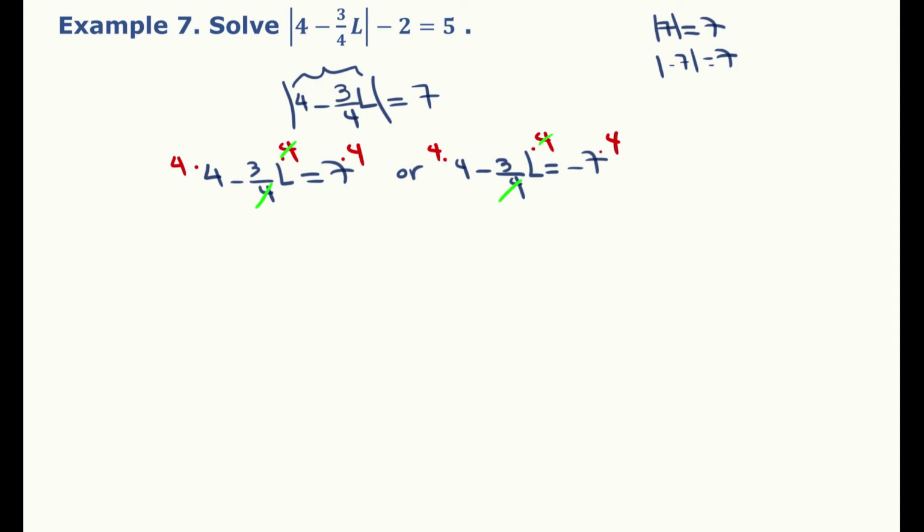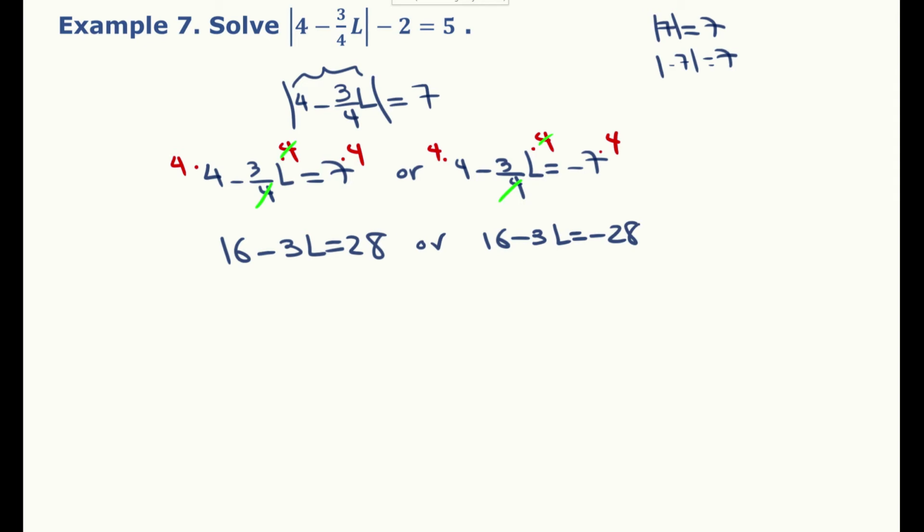So carefully write down what's left. And what we have is 4 times 4, which is 16, minus 3L equals 28. Or here we have 16 minus 3L equals negative 28.